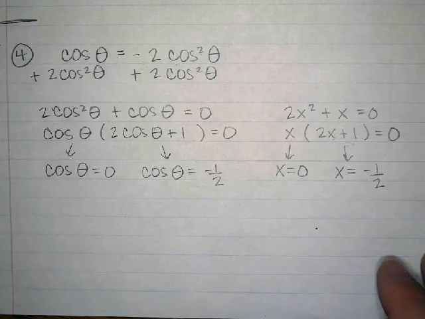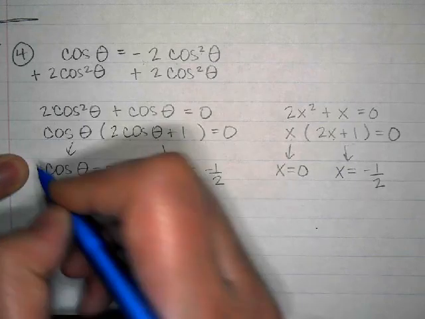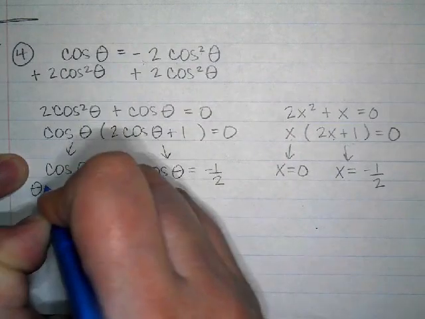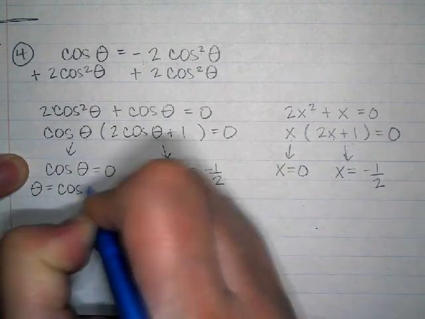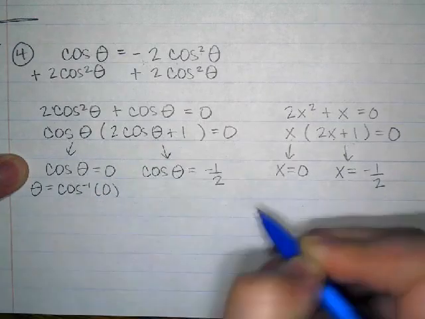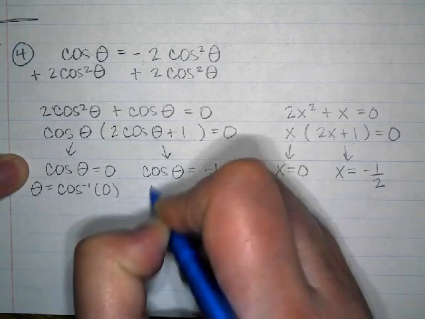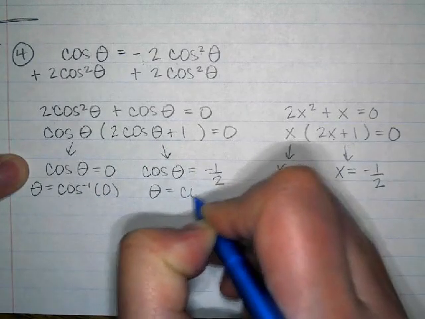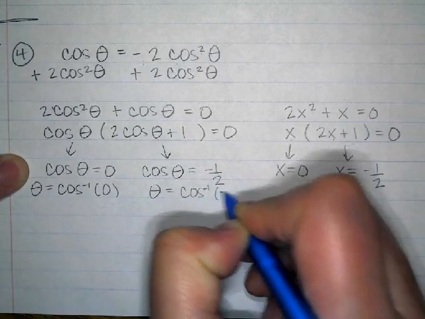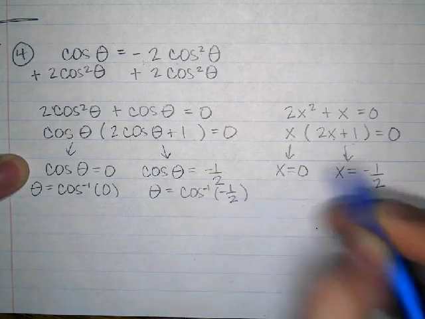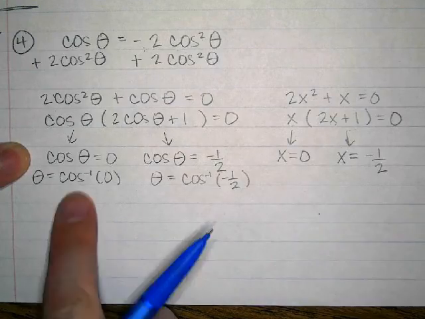So for this answer, we're going to say theta is cos inverse of 0. And for this answer, we're going to say theta is cos inverse of -1/2. So if we look at the unit circle, we're looking for where an x coordinate is 0.